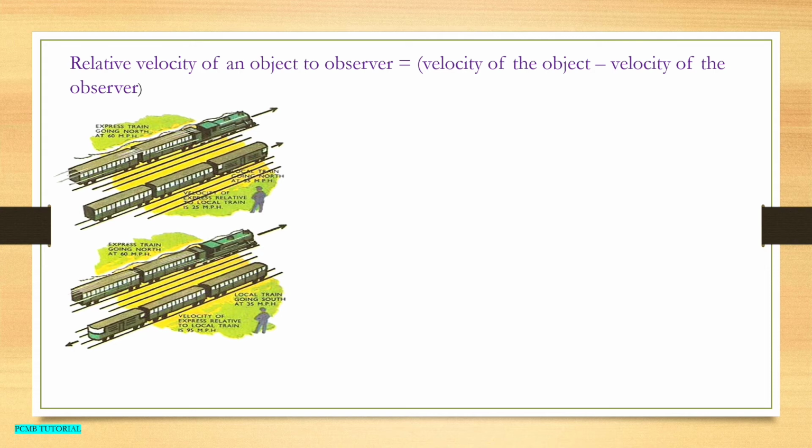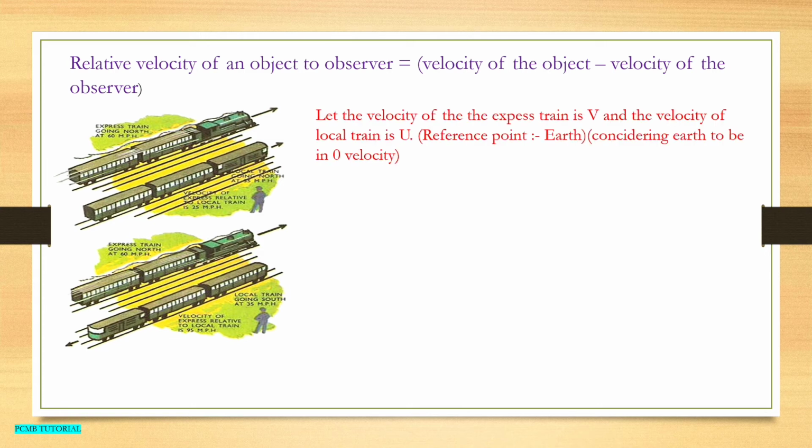One is an express train and the other is a local train. Suppose the velocity of the express train is v and the velocity of the local train is u. We are considering the earth as the point of reference to detect the velocity of both trains.